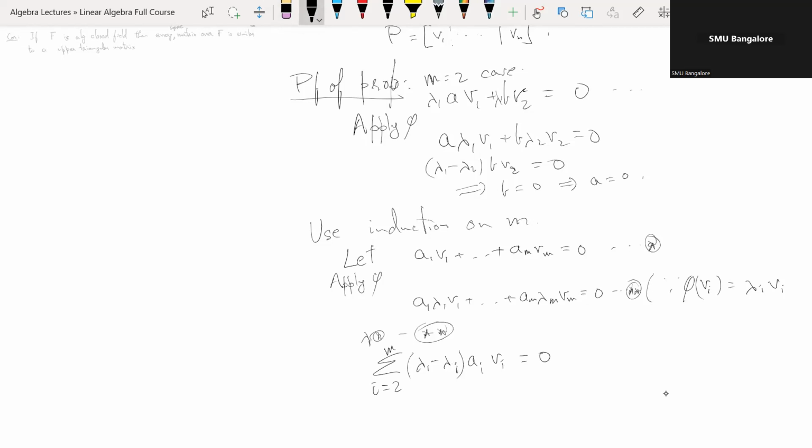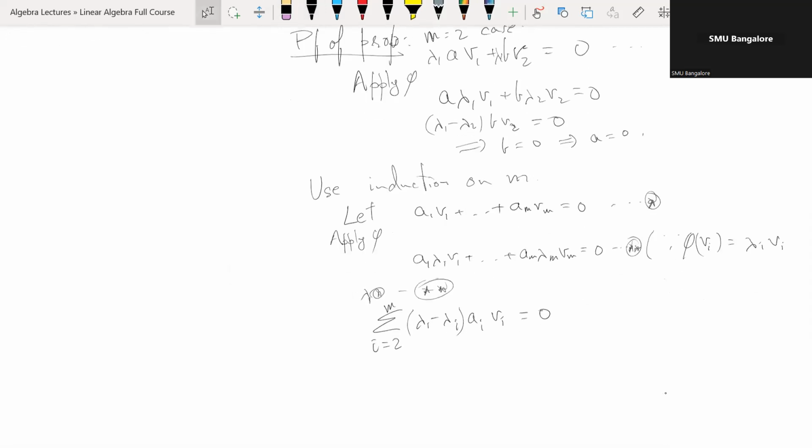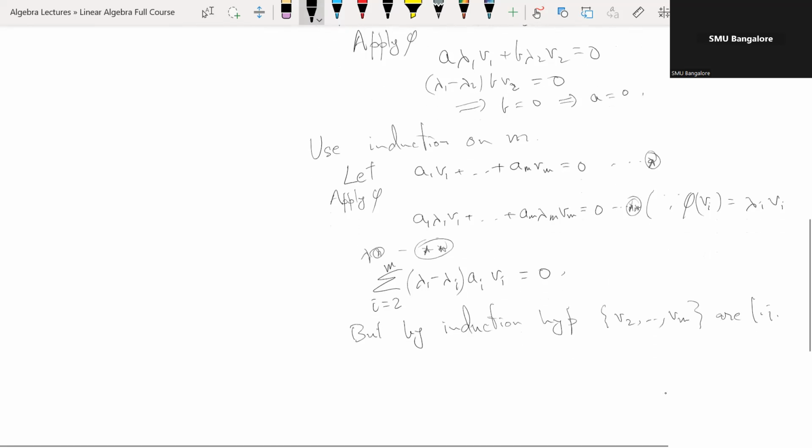By the induction hypothesis, V2 to Vm are linearly independent, hence each of these coefficients must be 0: (lambda 1 minus lambda i) times ai is 0 for all i between 2 and m.